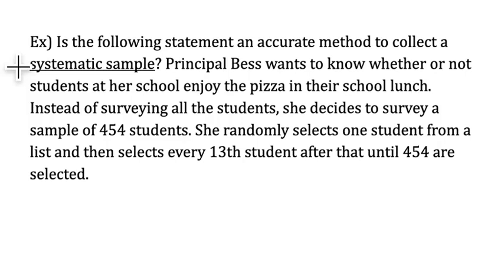She randomly selects one student from a list and then selects every 13th student after that until 454 are selected. So yes, this is a systematic sample because she randomly selects a starting point and then selects every, in this case, 13th student after that until she has a large enough sample size. So that is a description of a systematic sample.